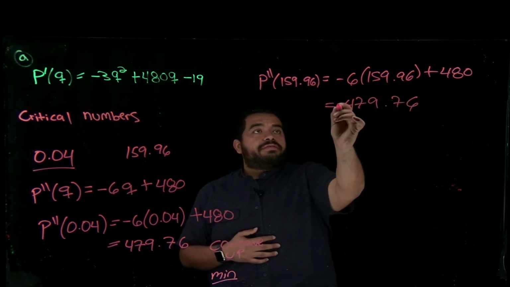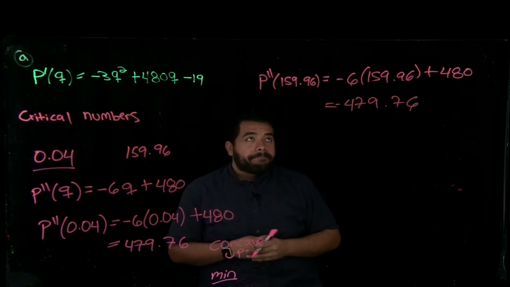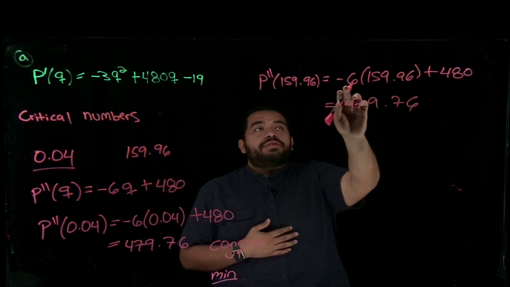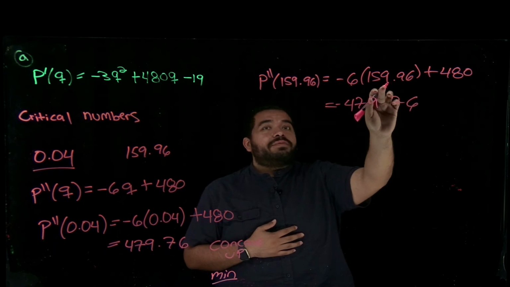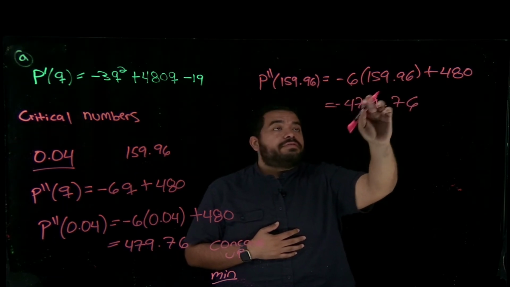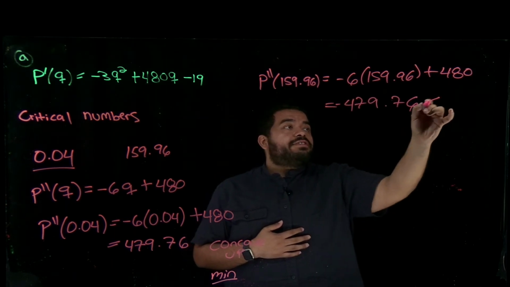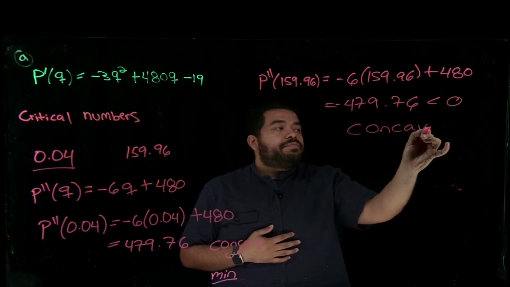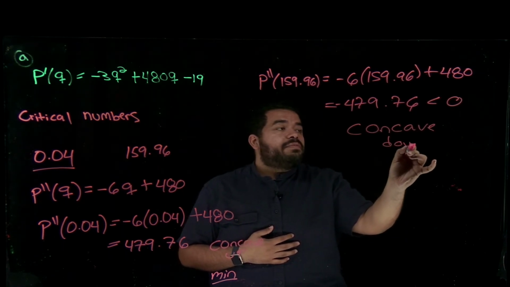And this is negative. Because again, just to verify, -6 times this here is going to give you a bigger number than this here, and it will be negative because you're multiplying negative times positive. So because this is less than 0, that means we have concave down at this value here.